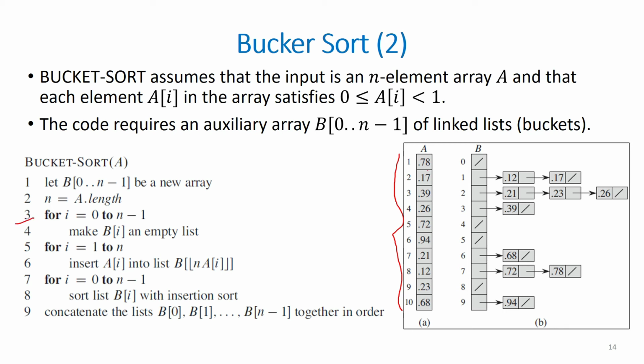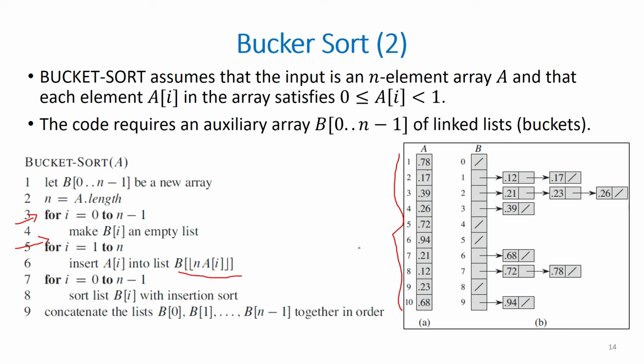On line 3, the for loop basically initializes the array B to be empty. The loop on line 5 takes every element in array A and places it in the bucket using the expression B[floor(n * A[i])].